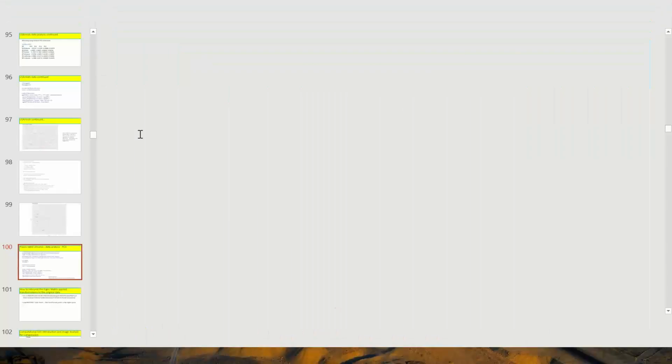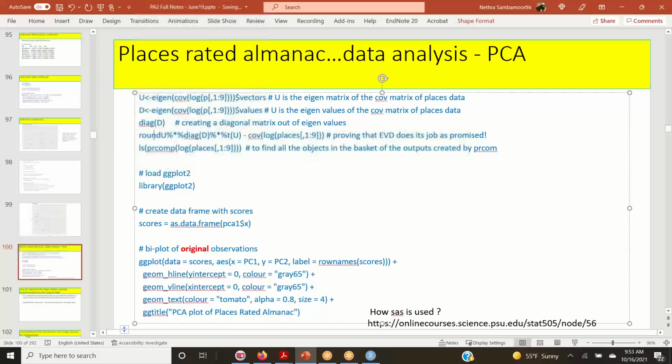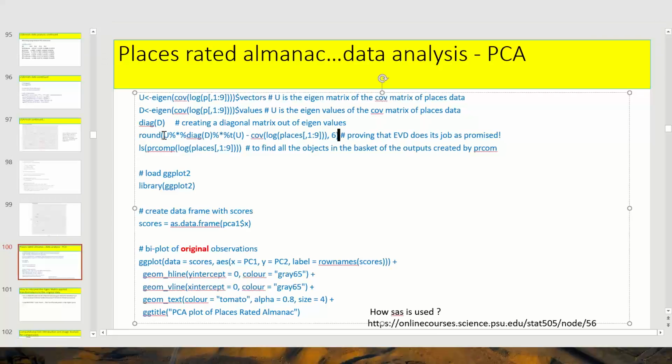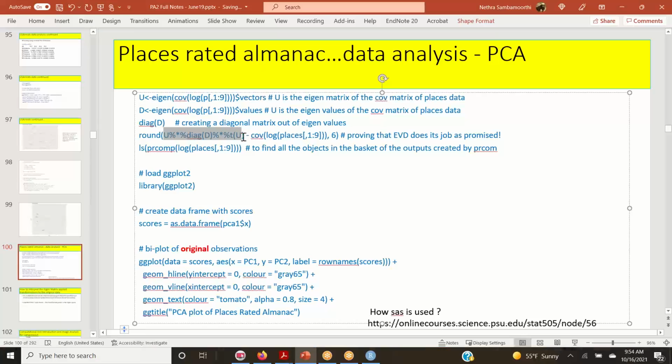So this will become 0. That's my point. In order to show that it is 0, because it is reading it as e power 17, 16, 15 and so on, I'll put it as round, comma, 4 decimal or even 5 decimal, it doesn't matter, 7 decimal, it will all still be 0. Agreed? Nini, correct? Yes. And that's one proof that this is the eigenvalue representation of the covariance matrix.